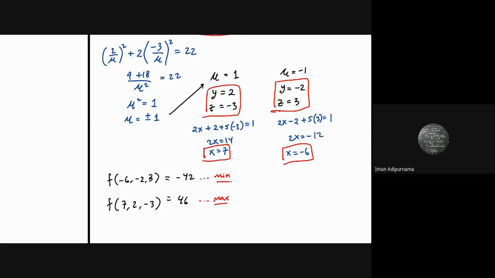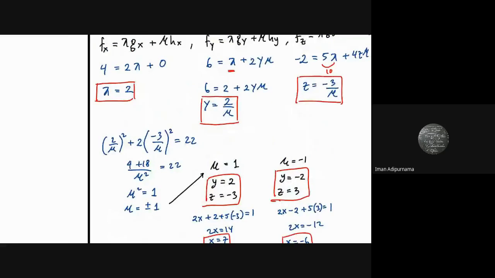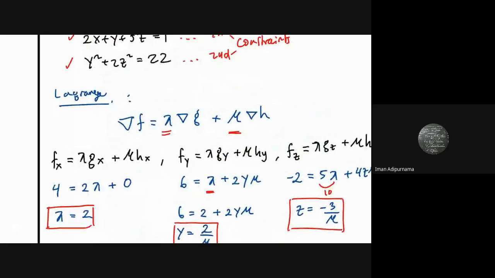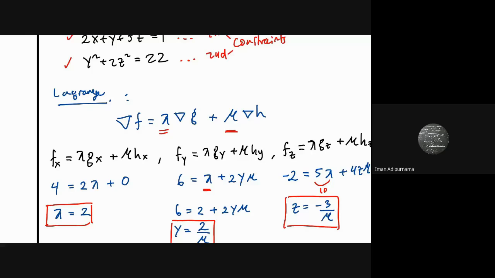Okay, so now you can try to use the Lagrange if it has more than one constraint. But I think in this chapter the maximum number of constraints is 2. So you have the lambda and you have the mu.